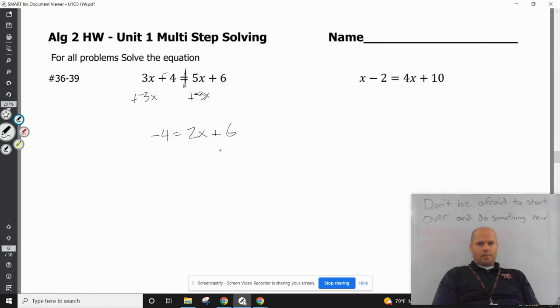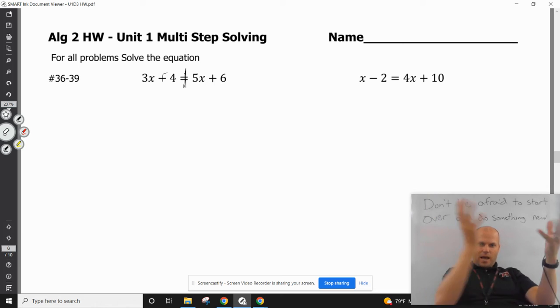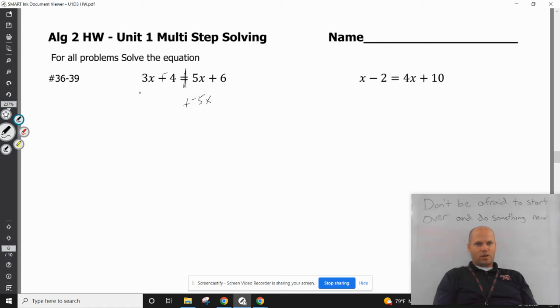Right off the bat, I'm okay having variables on either side of the equation. What I like to do is think about how many variables are on one side and how many are on the other side. I always like to end up with positive amounts. It's just one less thing to worry about.